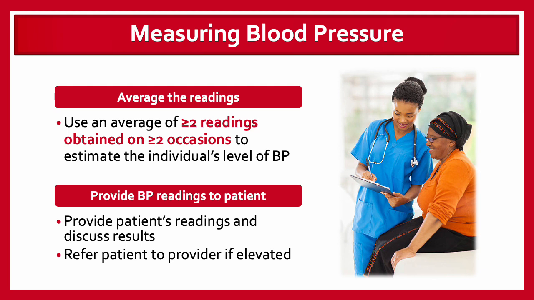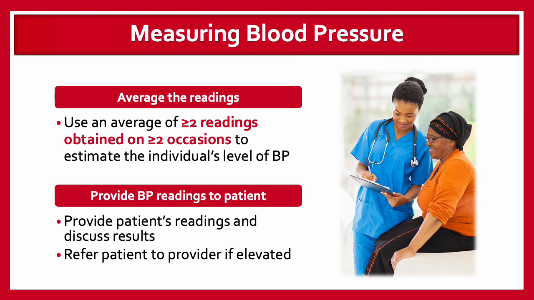So after we've measured a patient's blood pressure, again, we want to use an average of at least 2 readings obtained on 2 separate occasions to estimate their individual blood pressure. And as pharmacists, all we can do is provide patients the readings and discuss the results. We can't diagnose patients with hypertension.